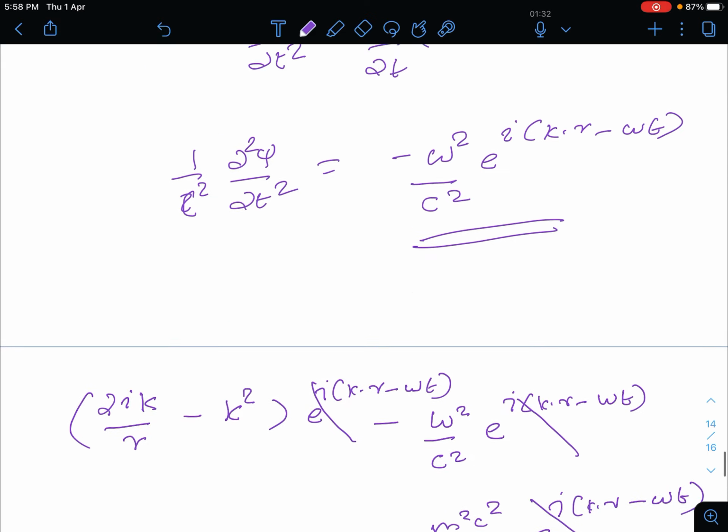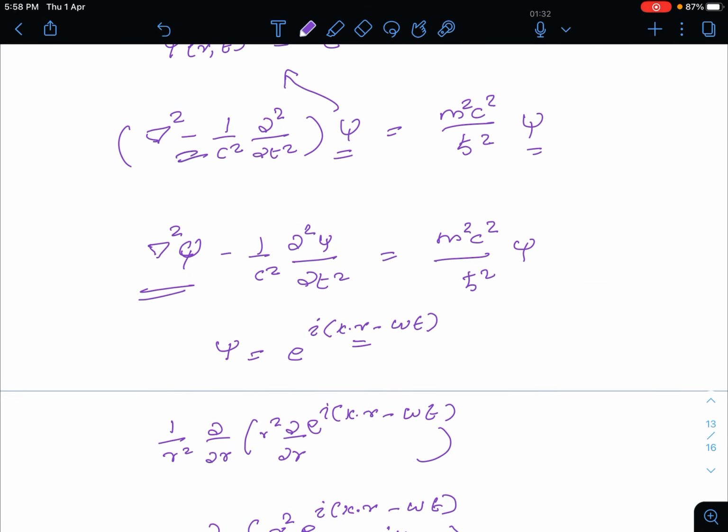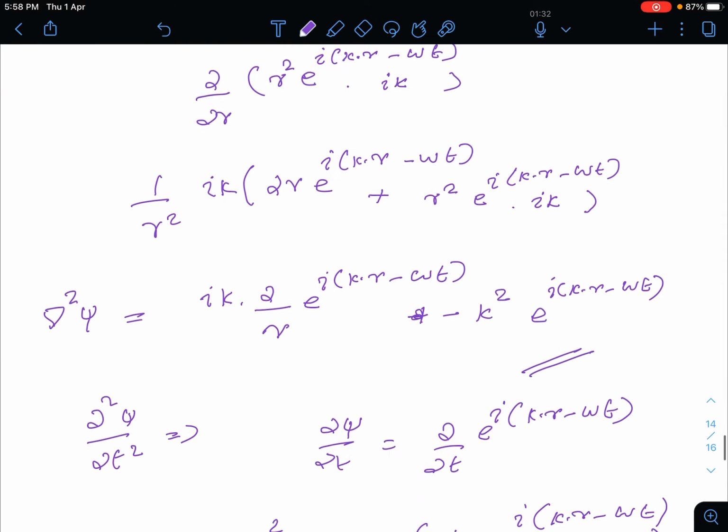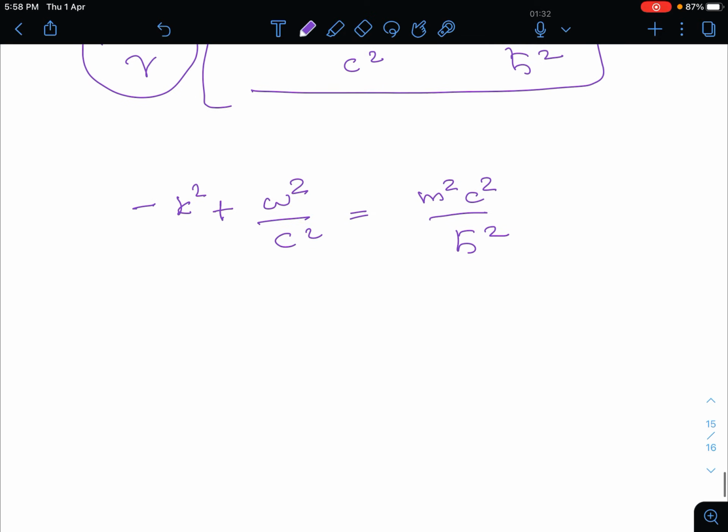Oh, I made a mistake, because this already has a minus here, minus of minus, so this must be plus. Okay, so that was my mistake. So omega square by c square is equal to m square c square by h cross square plus k square.